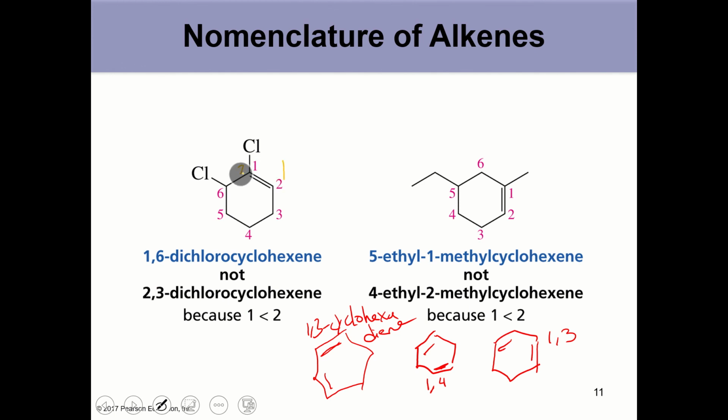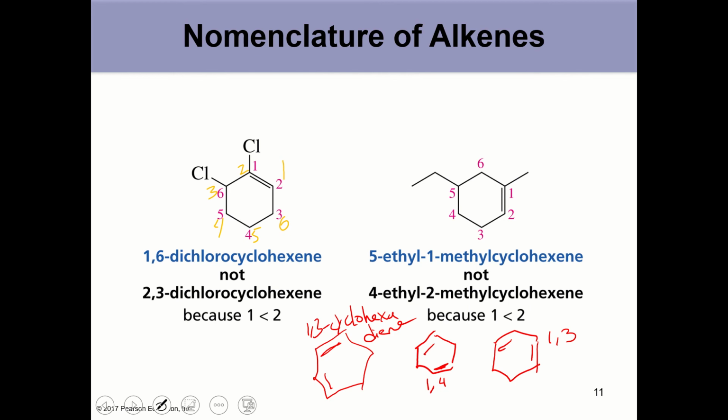1, 2, 3, 4, 5, 6. In case 1, one of the groups has a lower number than in case 2.